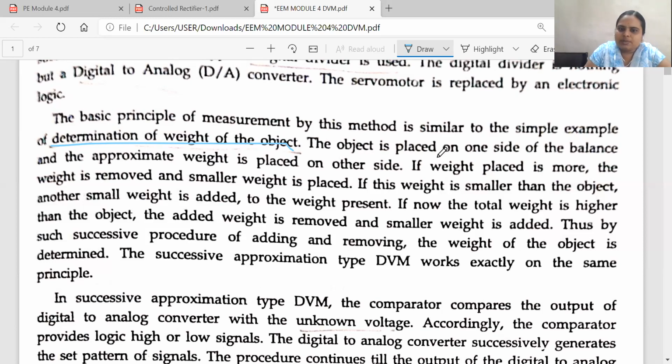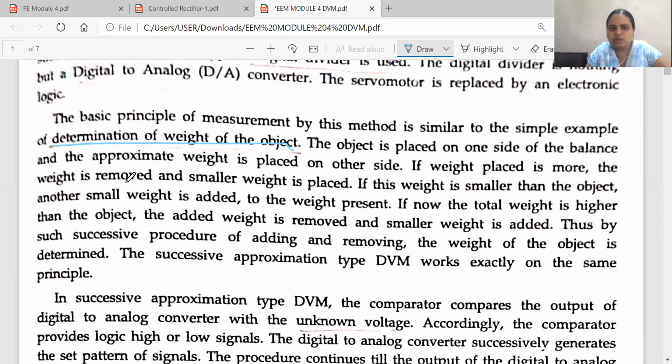The object is placed on one side of the balance, and the approximate weight is placed on the other side. If the weight placed is more, the weight is removed.